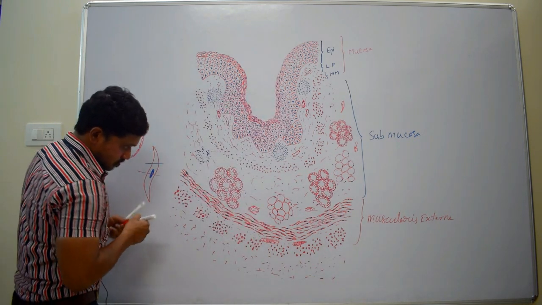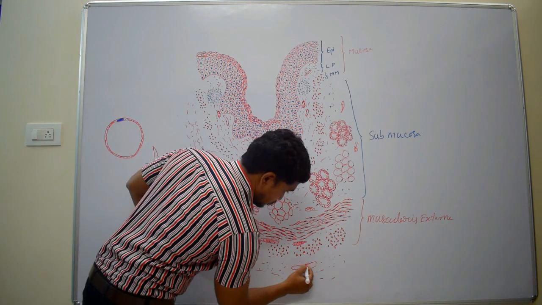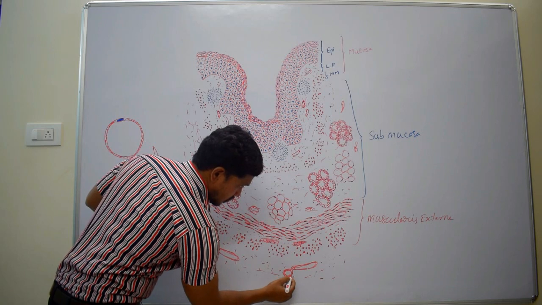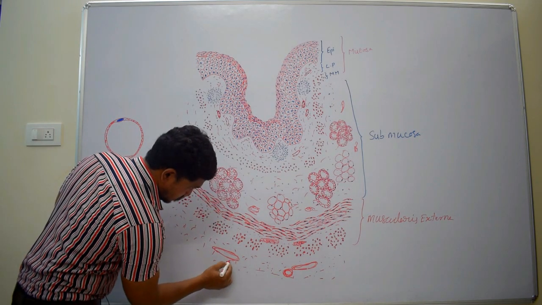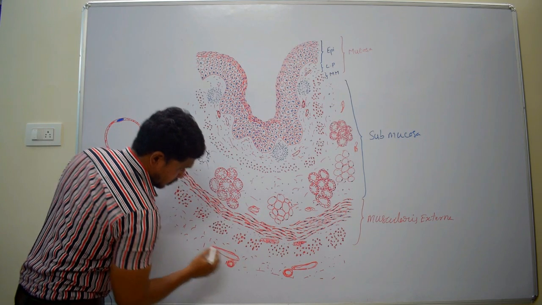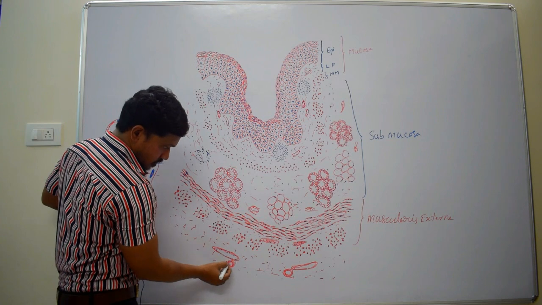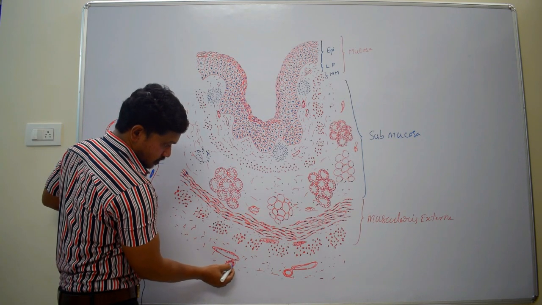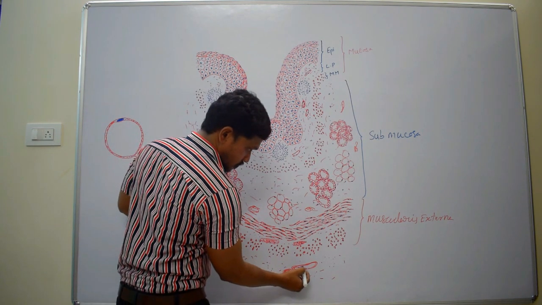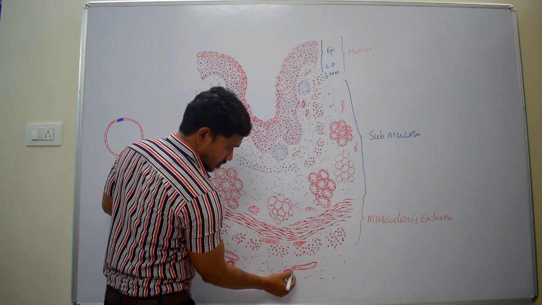Here you can find some blood vessels. This is vein and this is the artery. Here also this is vein and this is the artery. And here we have to keep the endothelium, and the nuclei of smooth muscle fibers which are present in the blood vessels.